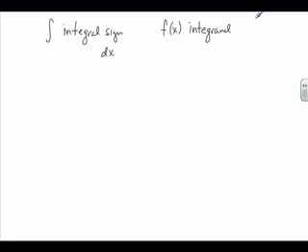So when we had the integral of f of x dx, that notation indicates that we're going to take an antiderivative, and the variable in the function we get should be x.